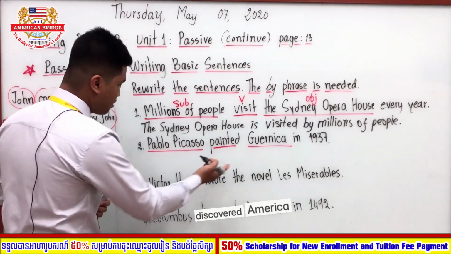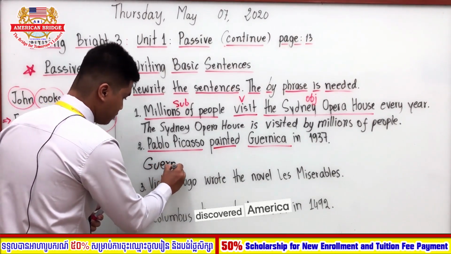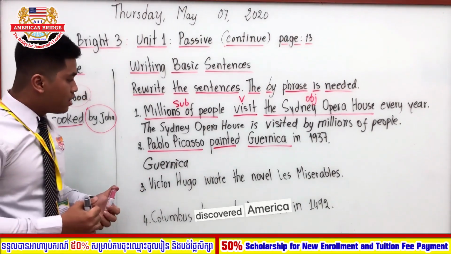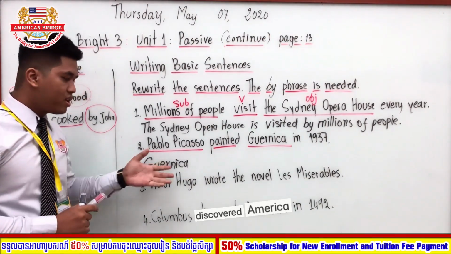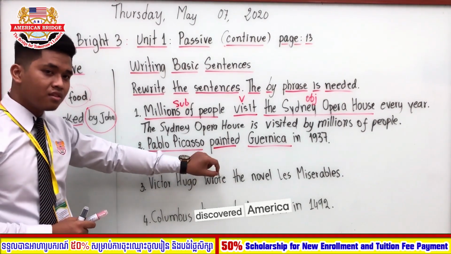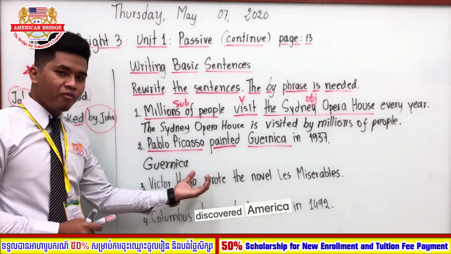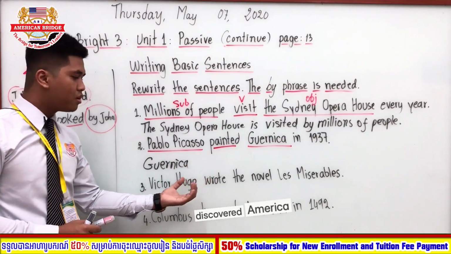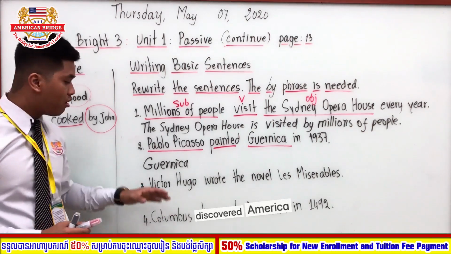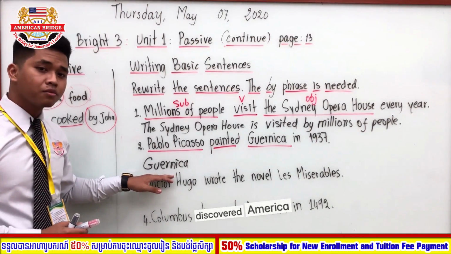Now let's try to change this into our passive sentence. So we start with the object. Okay, now we have the new subject already. Let's look at the tense used here. What tense? Present simple or past simple? Clearly it is a past simple tense. So we need to add the be verb for past simple. What is the be verb for past simple? Was or were, right? It depends on our new subject here. So is the new subject singular or plural?